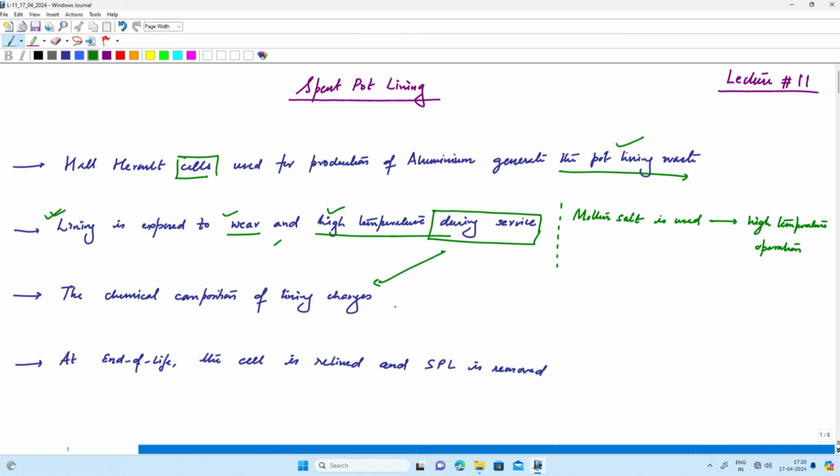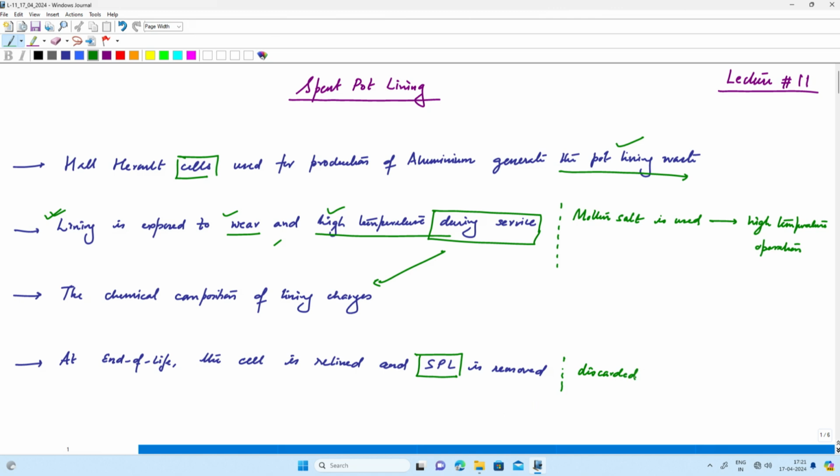So, what happens at the end of life? At the end of life, when we observe that the pot lining is degrading, the cell is relined and SPL is removed. SPL is basically the spent pot lining. That is removed and it is discarded.